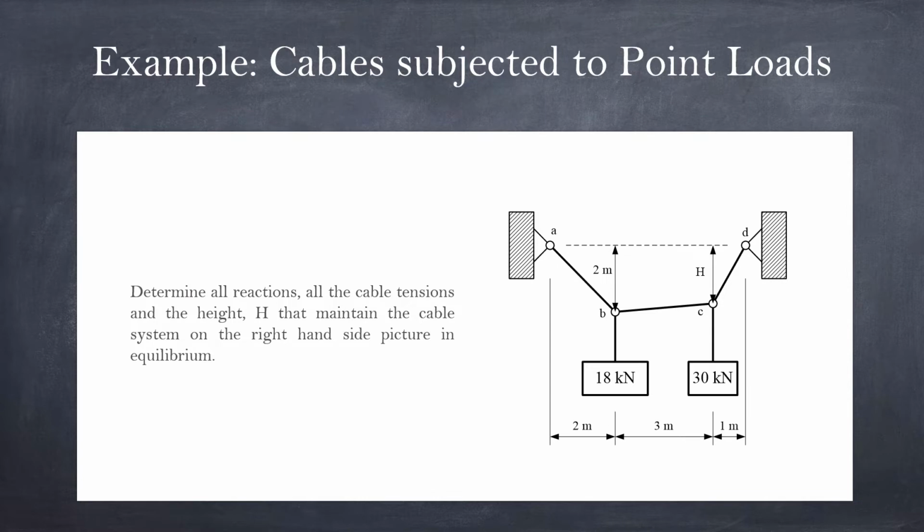So this is the type of problem we will be solving. Basically, in these questions, we will solve for all reactions at point A and point D, and then we will have to find all the tension within the cable, and the height H, to maintain the system in equilibrium, of course.